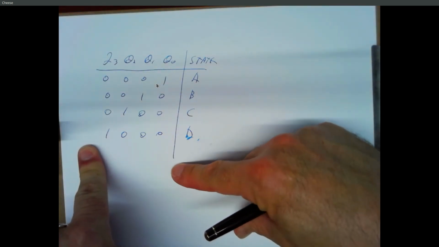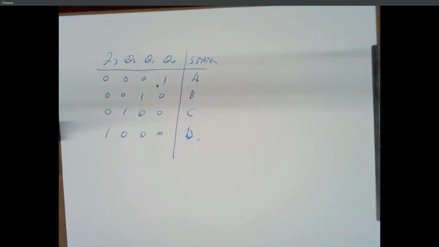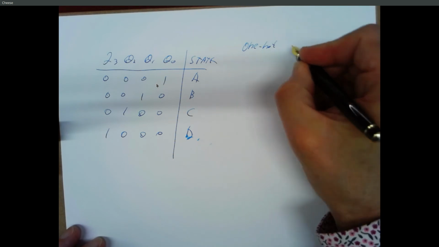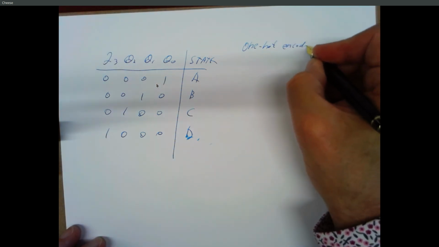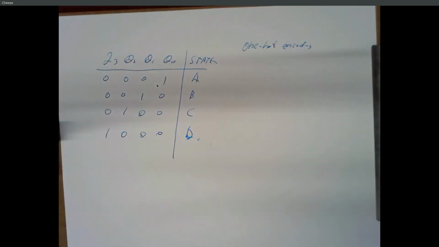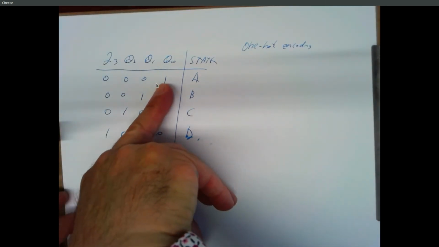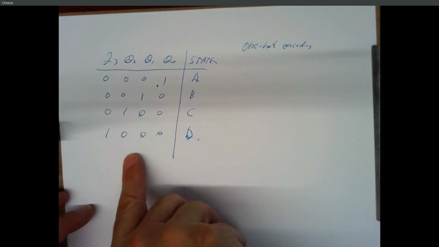We don't care what happens there. This is something that's done sometimes. This is called one-hot encoding. Hot usually means a 1, a bit that's turned on, that's active. So exactly one of our state variables is active, or equal to 1, at all times.